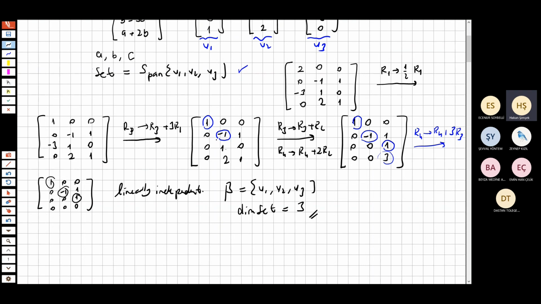But here we have pivot positions in every column, which means that there is no unnecessary column, no unnecessary vector. We cannot remove any of them. Therefore, we write all of them for the basis, which means that the dimension is also equal to 3.